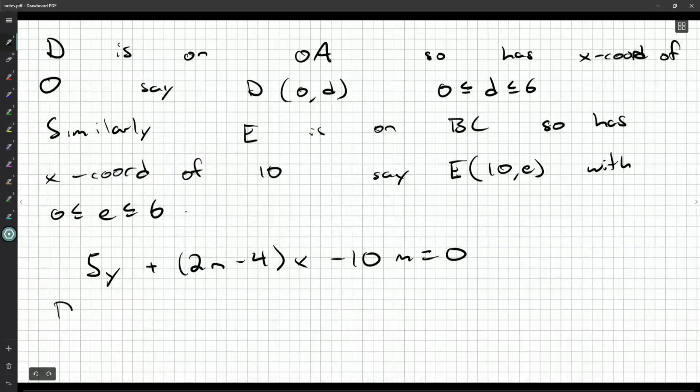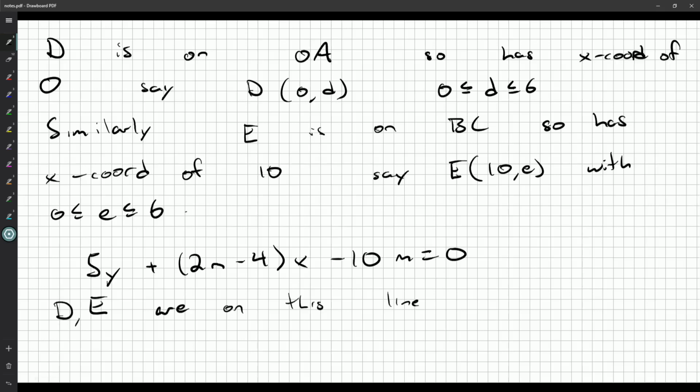So D and E are on this line, which means D and E both satisfy this relationship. So I think we should be able to find a way to get m in terms of d or e, or something to that effect.